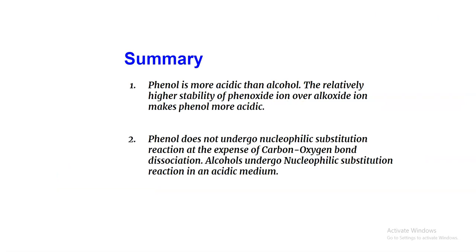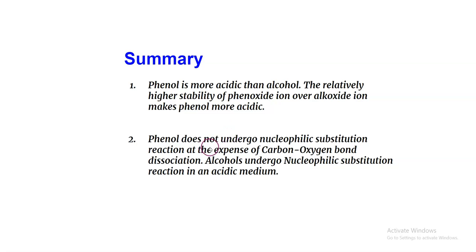Okay, so coming back to the summary, we talked about two important differences. The first difference was that phenol is more acidic than alcohol, and that's because of the relatively higher stability of the phenoxide ion compared to the alkoxide ion. Remember why the phenoxide ion was more stable? The resonance structures, the delocalization of the negative charge on the oxygen atom throughout the ring, which is a good thing, right?